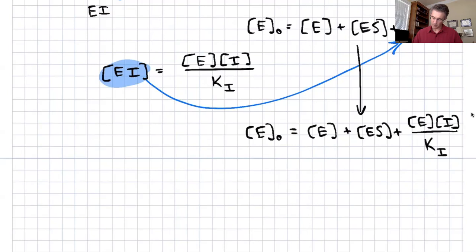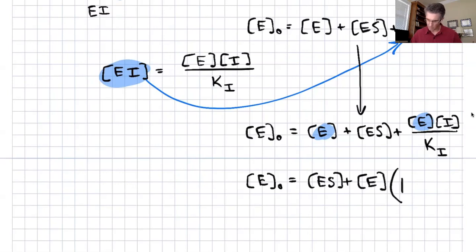Group some terms here, factor out the free enzyme. We can rewrite this expression now as: the concentration of total enzyme is simply equal to the concentration of ES plus the concentration of free enzyme times 1 plus the concentration of the inhibitor divided by K sub I. That's pretty cool, fairly straightforward.